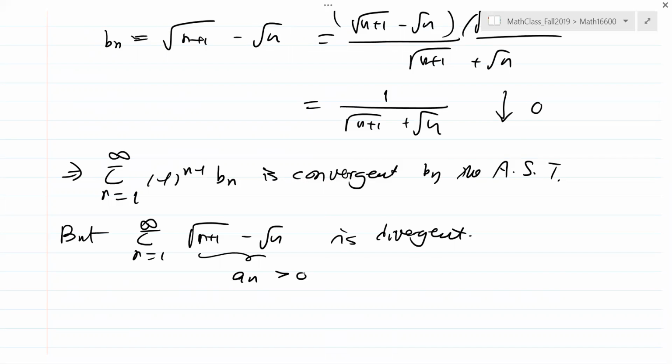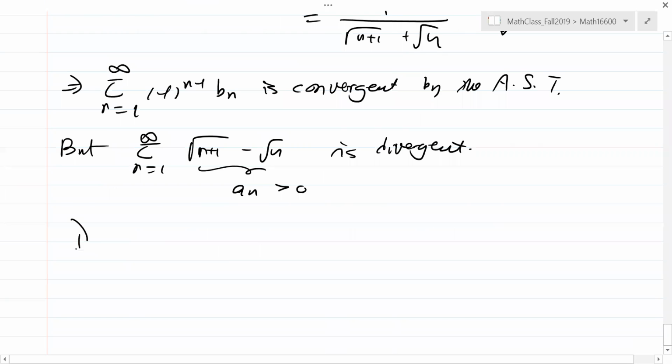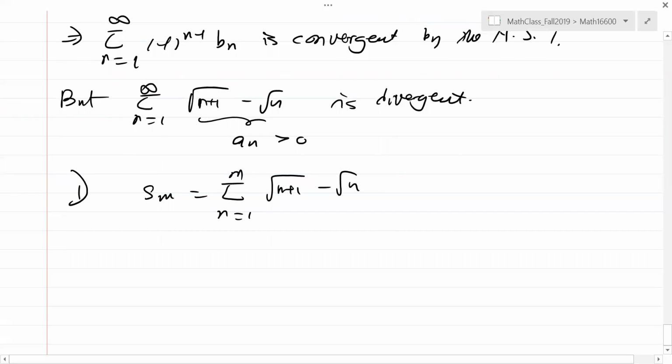What's divergent? You cannot use a comparison test here directly. But there are 2 ways to prove it's divergent. One is the direct method. We did it before: just look at the partial sum S_m. The partial sum can be simplified.